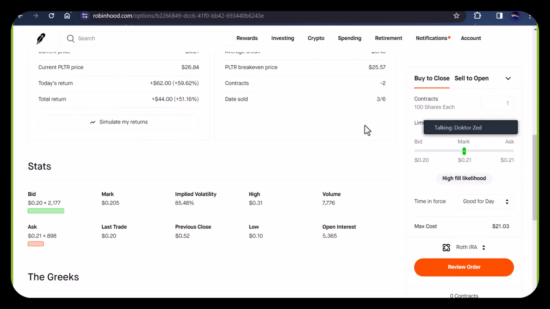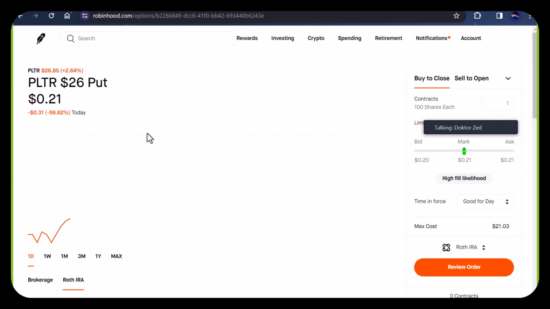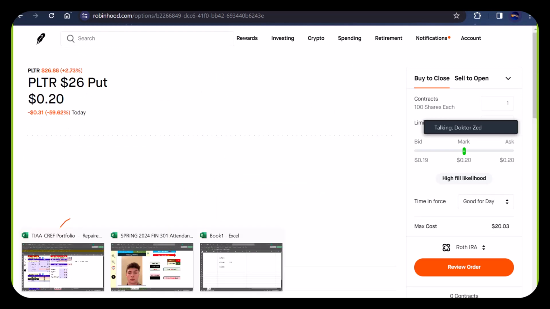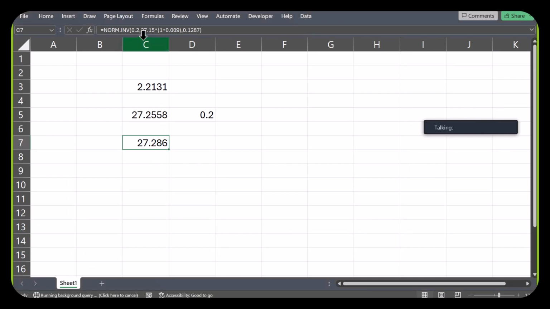Of course, price keeps changing. Right now it's trading at 26.85. What would it be at 26.85? So that means 26.98 is kind of the proper strike.